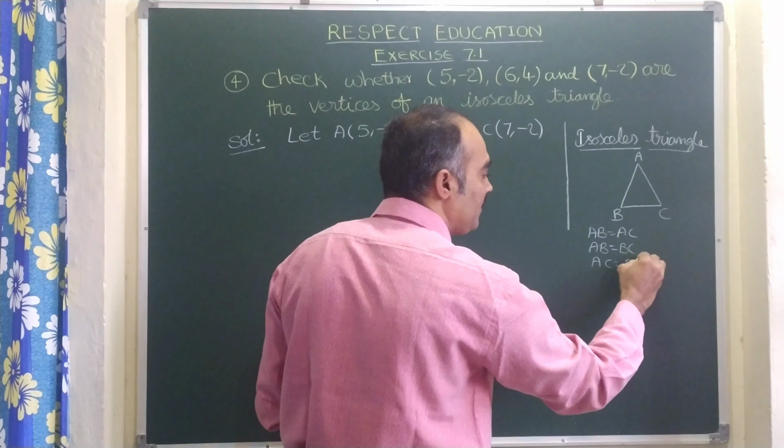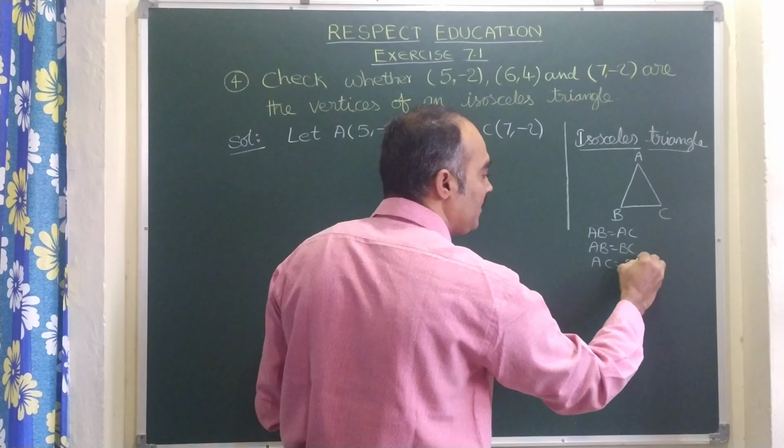So out of these 3 conditions, if any condition happens, then this triangle can be an isosceles triangle. So with these 3 points, if you get any one of the conditions, then we can say the triangle is an isosceles triangle.